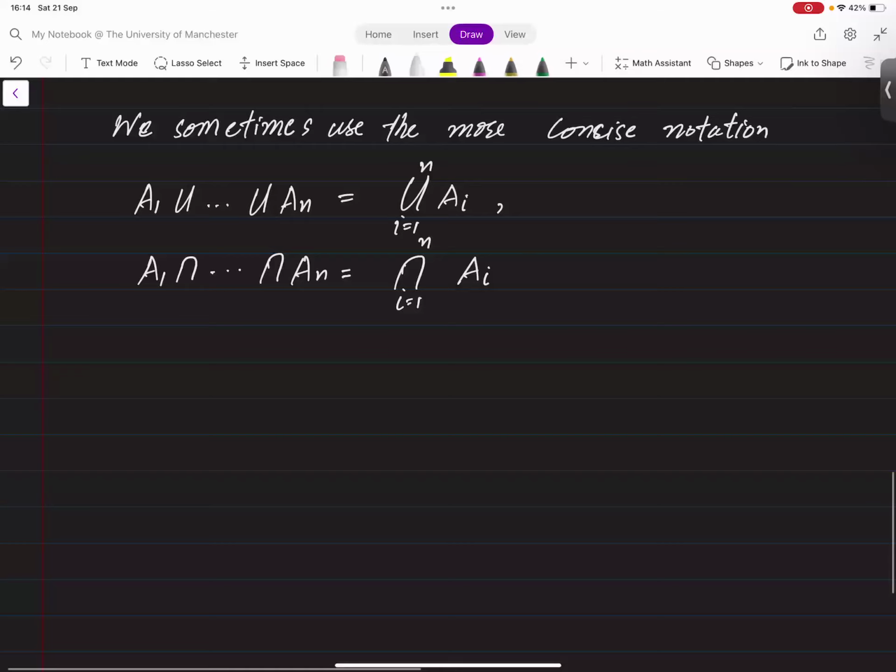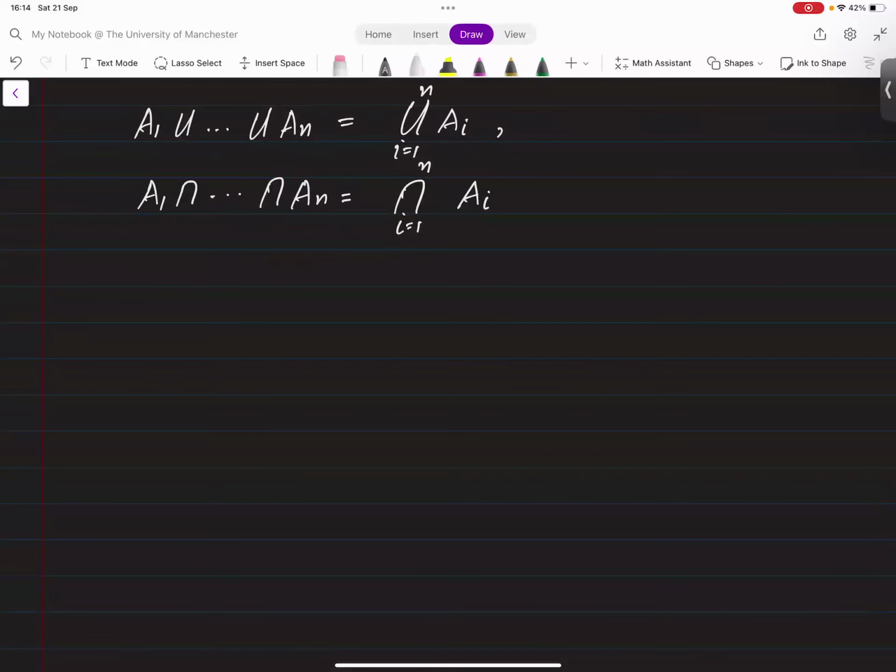And similarly, we can extend this definition for infinite sets, an infinite number of sets.